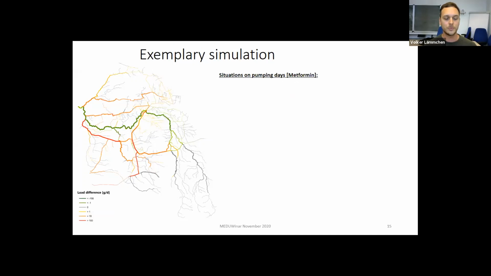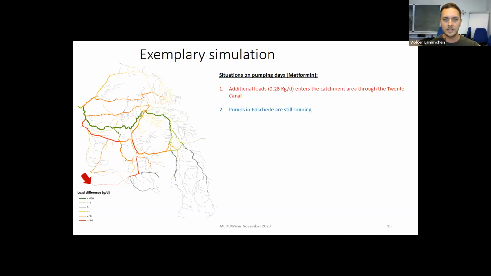When looking at the loads in this map, and this is my last slide, you can see a comparison between our dry summer scenario and the average scenario, where red marks have more loads than the other, and green have lower loads. And you can basically see 5 major differences that we take into account in our model. This is the first: additional loads enter the catchment through the Twente Canal.